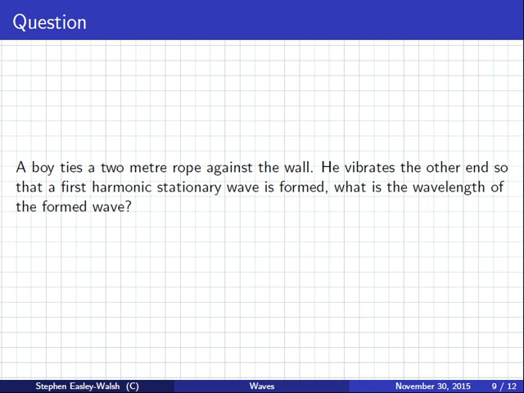Now I say in the question that the rope is 2 meters, but really I mean that the boy is 2 meters from the wall.